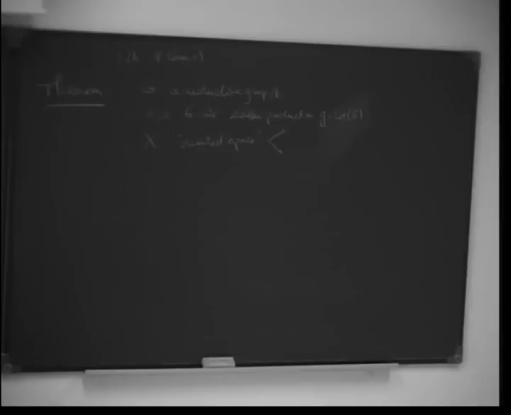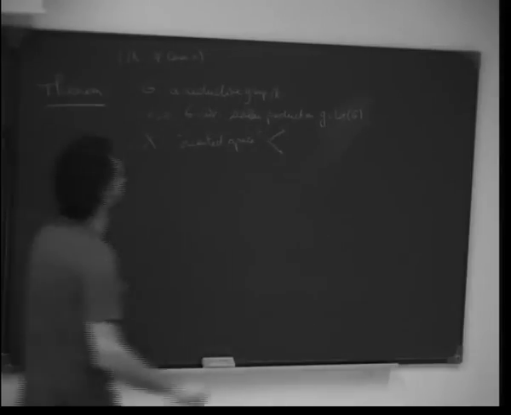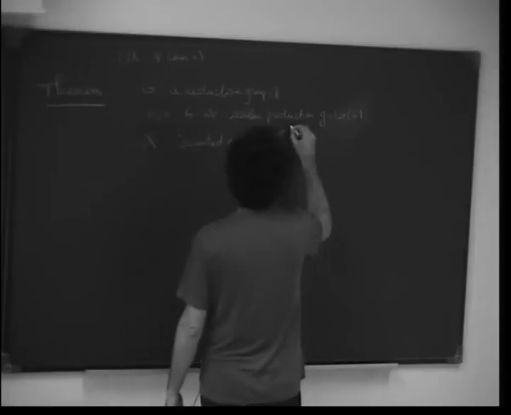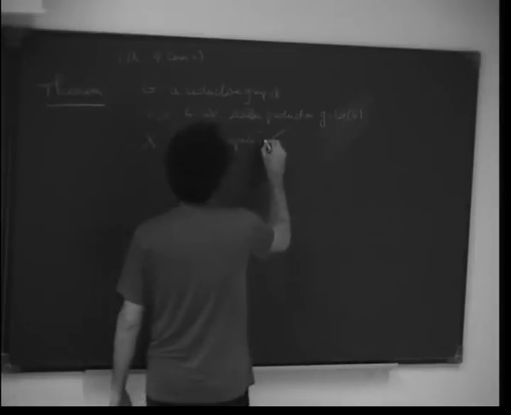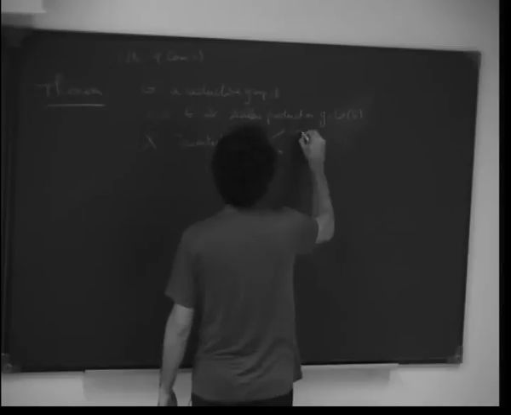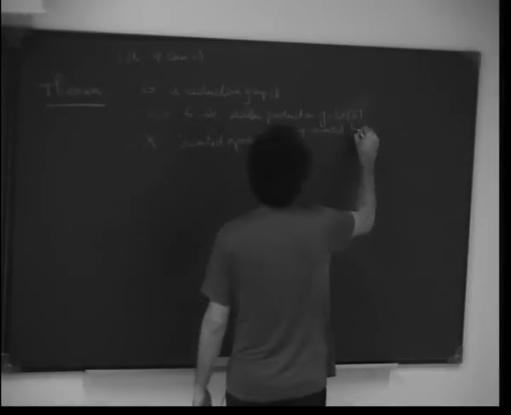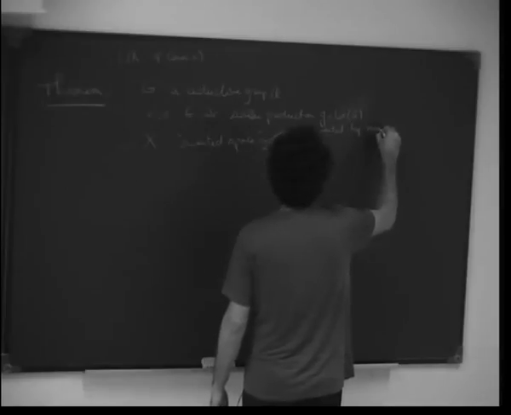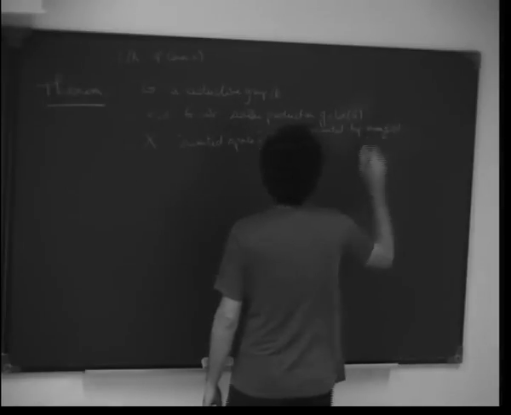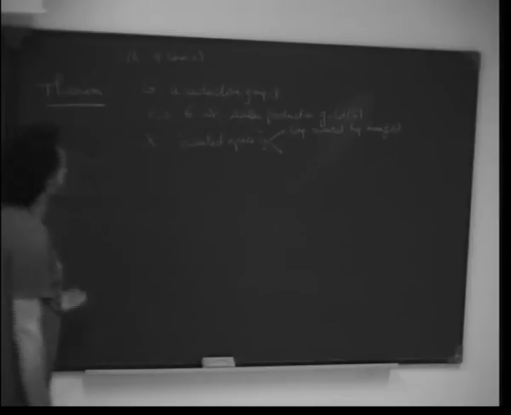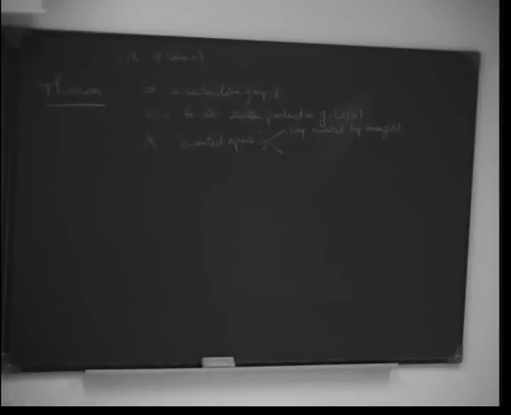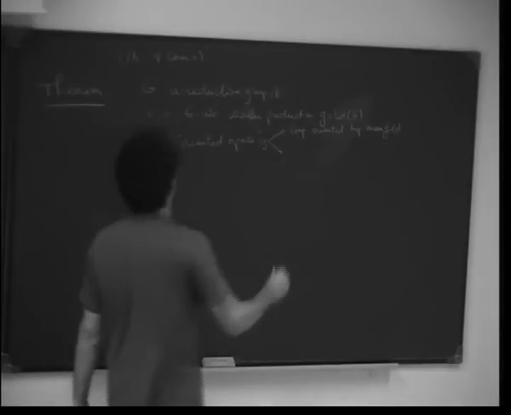So first, it can be a compact oriented topological manifold. Or it can be an algebraic variety which is oriented in the sense of algebraic geometry, which is a Calabi-Yau variety.